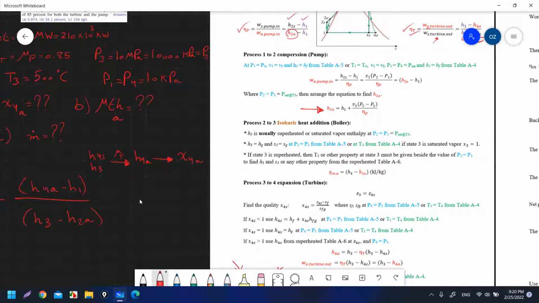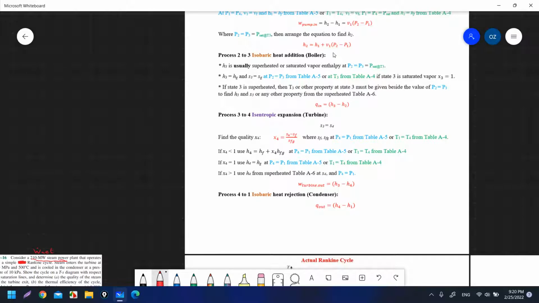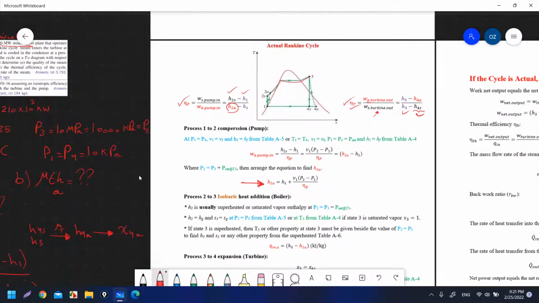In order to find H2A, we will use this equation. The only difference between it and the previous equation for H2S is that we divided by the isentropic efficiency for the pump. So that's what we did here, so we can get the actual pump in. The actual work pump in is equal to V1 times P2 minus P1 over the isentropic efficiency of the pump.